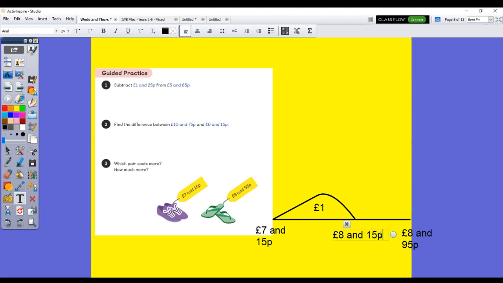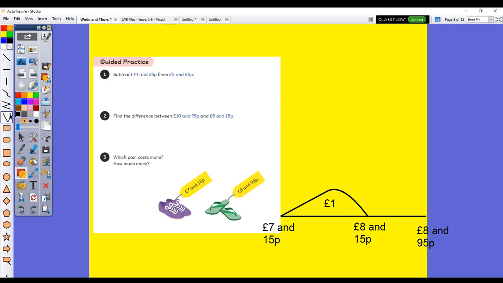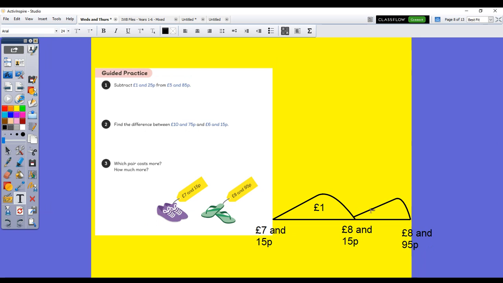Okay. And then 15p, count with me until we get to 95p. 25, 35, 45, 55, 65, 75, 85, 95. Okay, so if we added 80 pence more, we are going to get to £8.95.